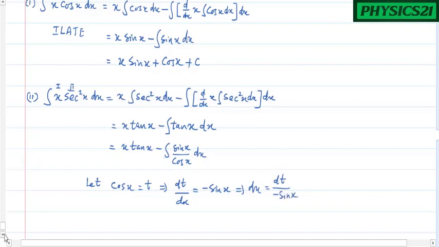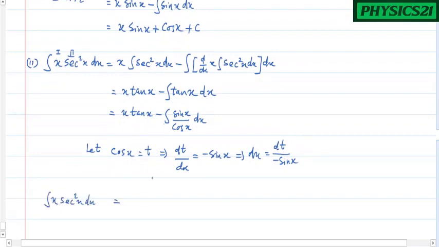Using these substitutions, we can write x tan x minus integration of sin x divided by t, and in place of dx we will substitute dt divided by minus sin x.